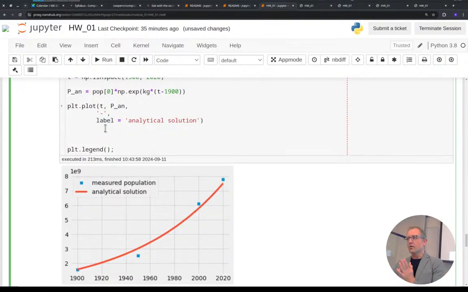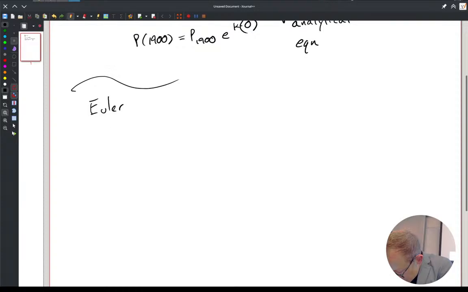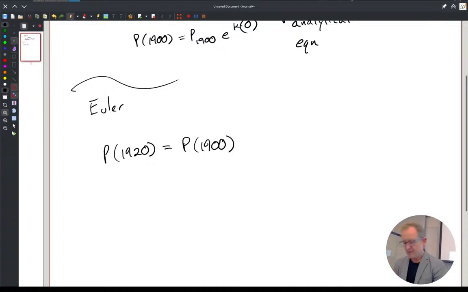What about for Euler? So the 0th order integration is just whatever the population in 1900 was, that's going to be the same, as if nothing ever changes.